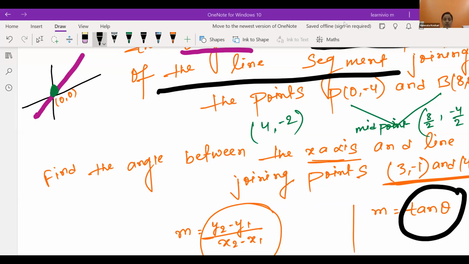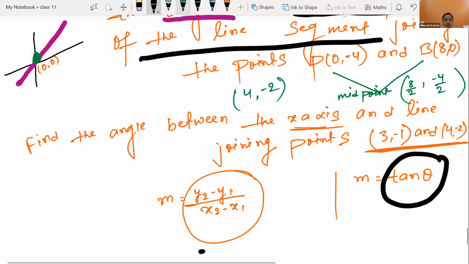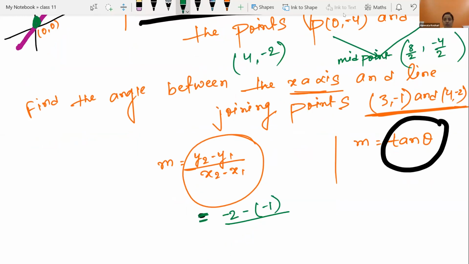If we do y2 minus y1 over x2 minus x1, let me check. Yeah, -1. Okay, and we have to find tan theta.